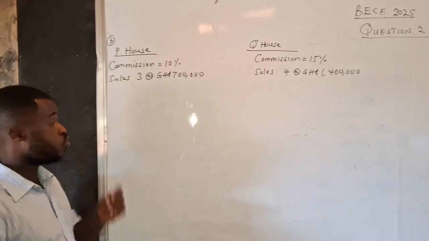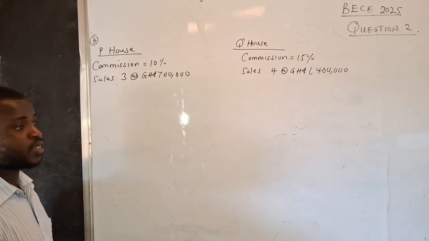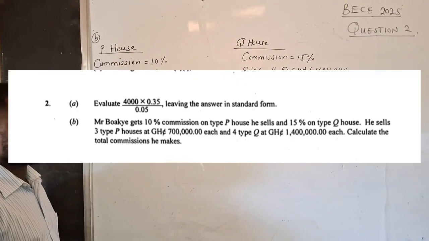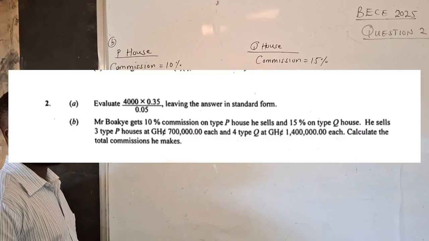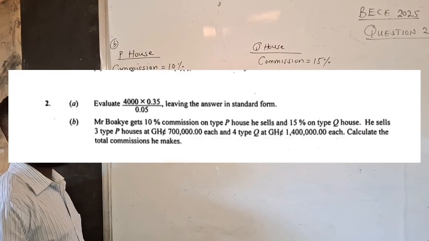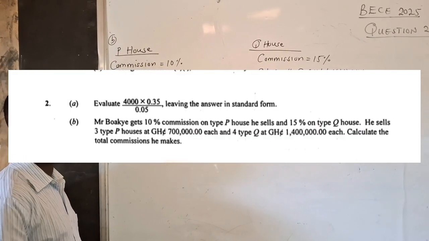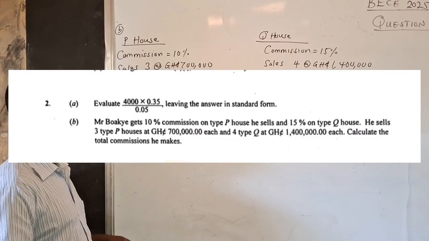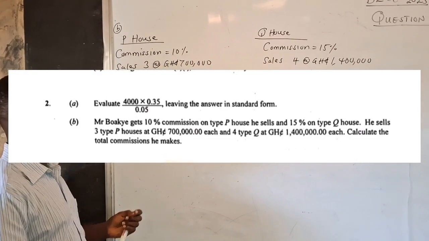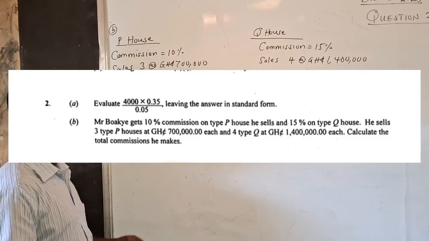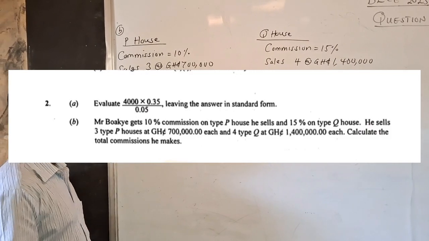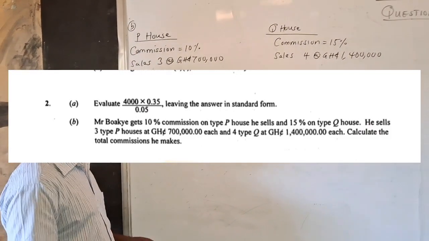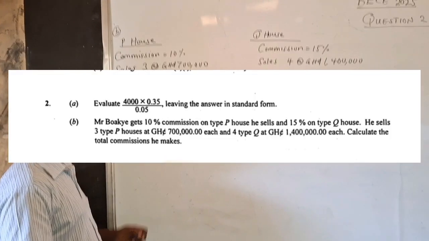Now, question 2b, as it has been posted on the screen. Mr. Abuachi gets 10% commission on P type house he sells and 15% on type Q house he sells. He sells 3 of P house at 700,000 Ghana cedis each, then 4 of Q at 1,400,000 each.